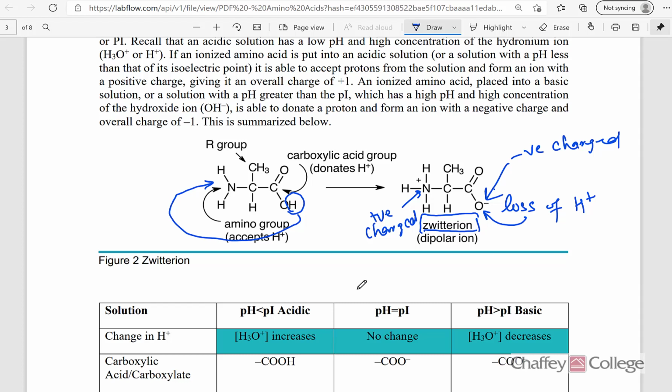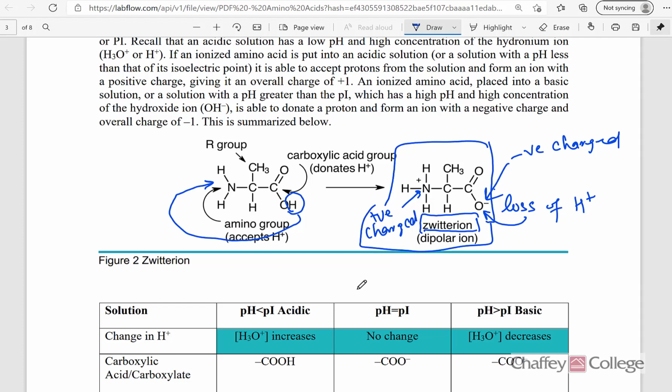It's a dipolar ion because it contains positive and negative, so therefore there will be a dipole. Because both charges are present within the same molecule, it is actually a neutral molecule, because positive and negative cancel themselves out, but it contains a dipole. So this kind of structure of any amino acid is known as a zwitterionic structure.